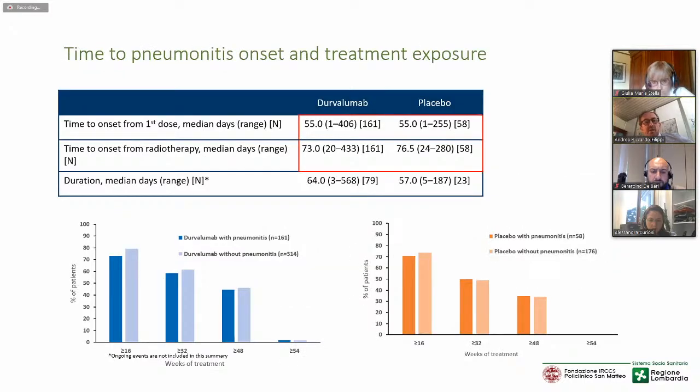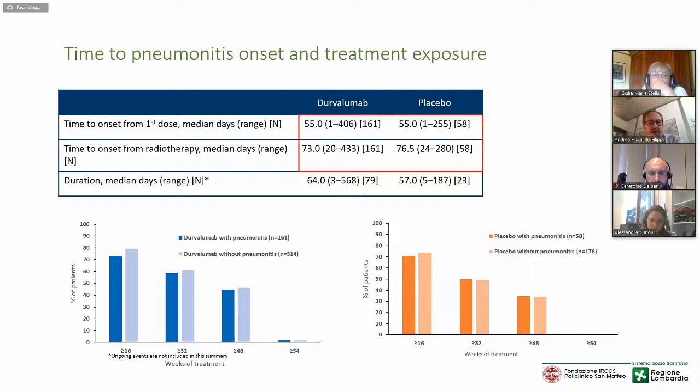As you can see here, the time of onset is typically 55 days in both arms. The median is 73 days. From the first dose of durvalumab is 55 days, from radiotherapy 73 days. The duration is around 2 months.